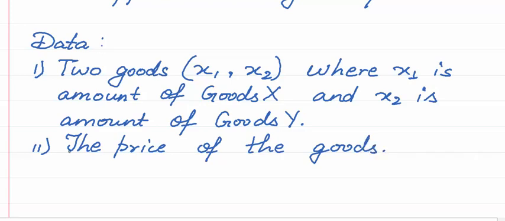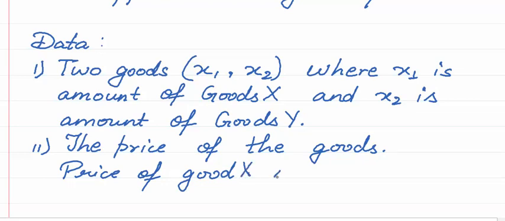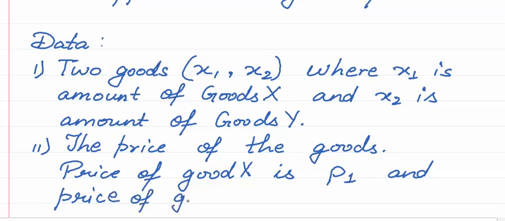Now let us assume that the price of good 1, which has been taken as x, is P1, and the price of good 2, which is y in our case, is P2.